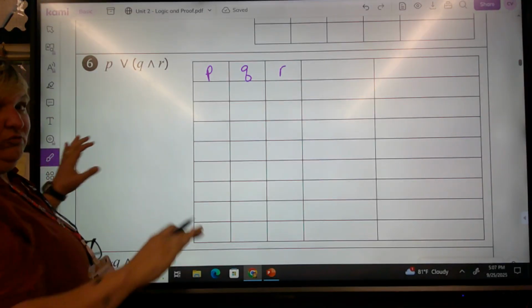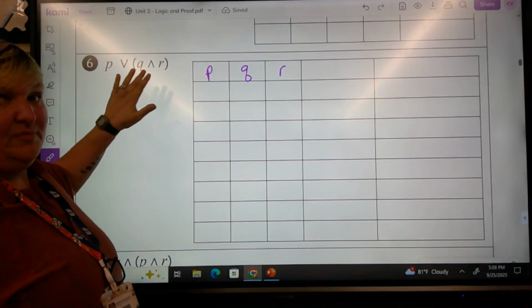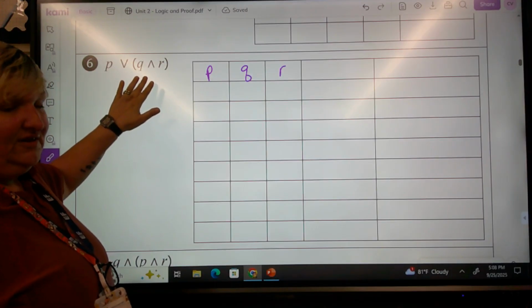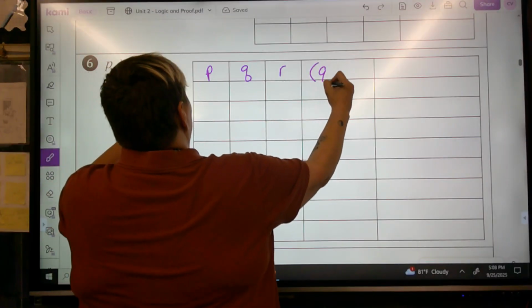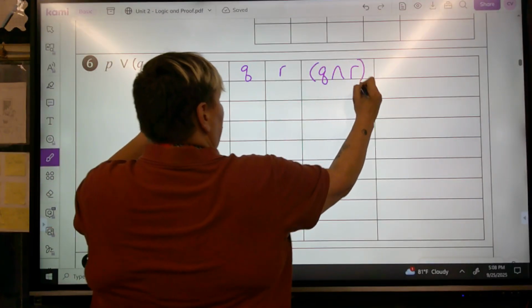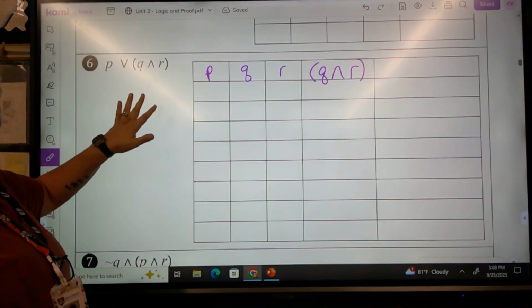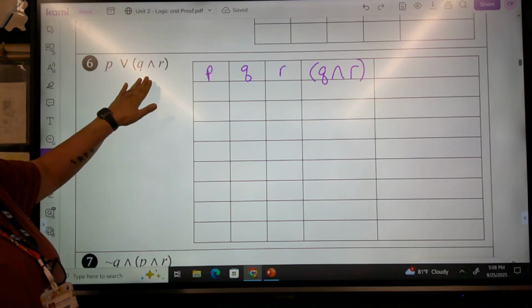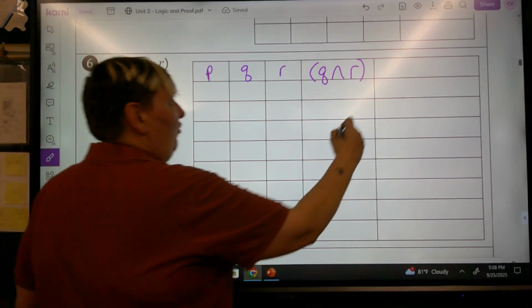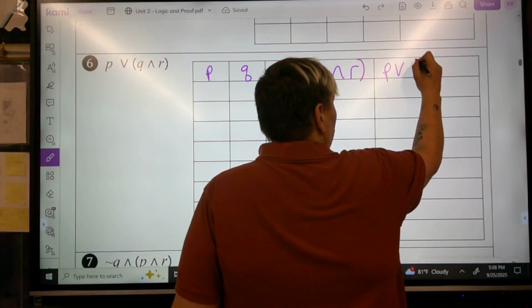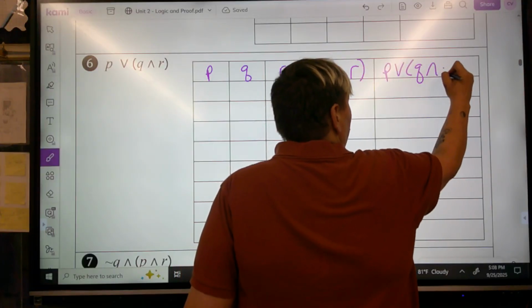But just like with PEMDAS, you do what's in the parentheses first. Inside the parentheses gets its own column. So Q and R goes in that column, because that's what's in the parentheses. And then the final column gets the whole statement, P or Q and R.